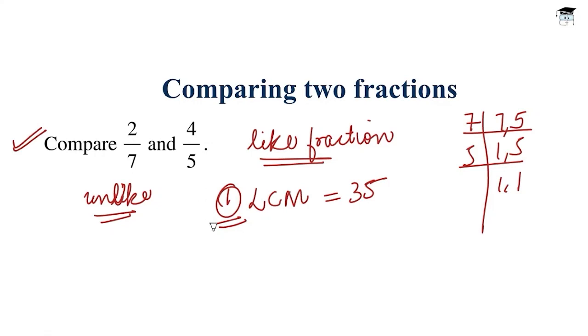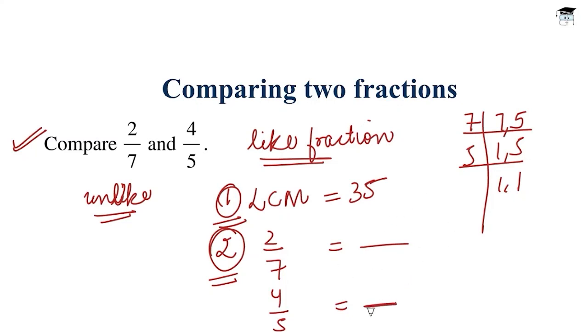Now the second step is to convert these two fractions into equivalent fractions that have denominator 35. So we have to know the number by which we can multiply 7 to get 35. Yes, you can multiply 7 with 5 to get 35. You have to multiply 2 with the same number, so it is going to be 10.